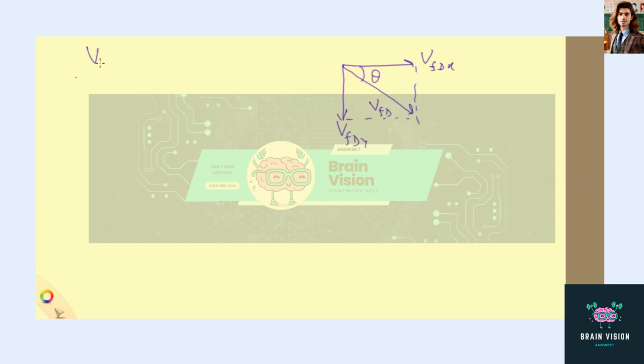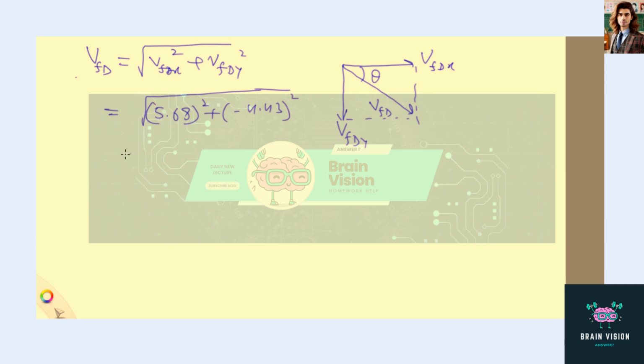To find v_fD, we use vector addition, v_fDx squared plus v_fDy squared, so 5.68 squared plus minus 4.43 squared.